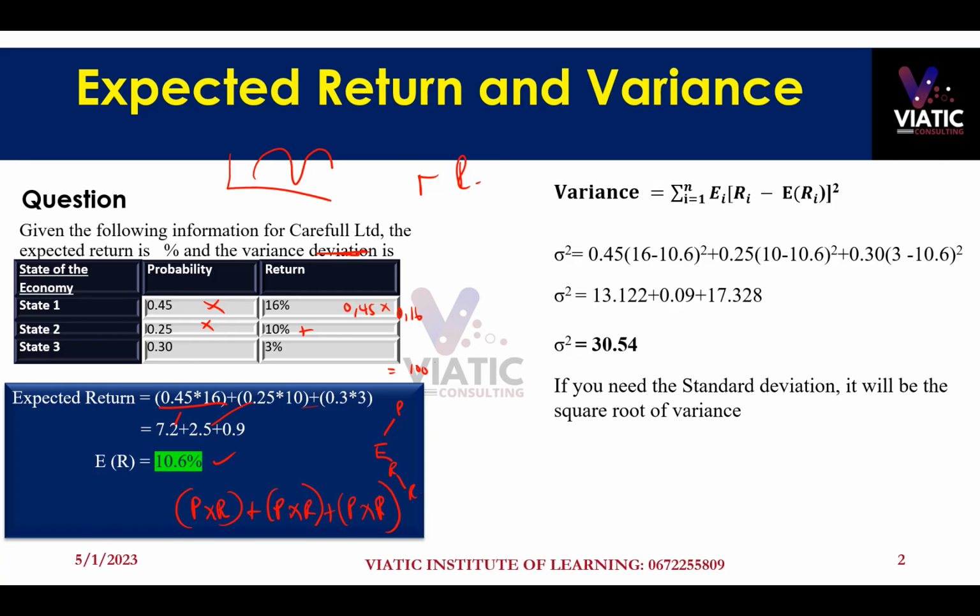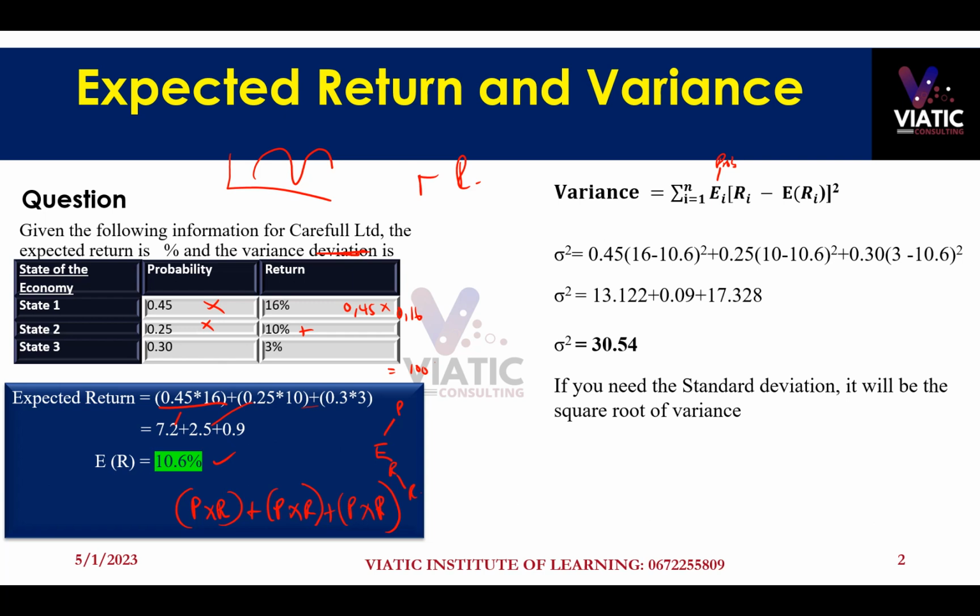Okay, then we say variance now is equal to the summation of probability multiplied by return minus expected return, in brackets squared. So let's go through the formula and indicate the elements of the formula in relation to the values displayed in the table.